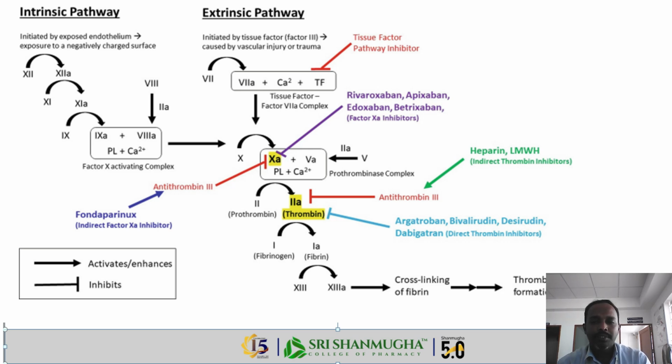These are the drugs which inhibit thrombin. Next we have the inhibition of 10A factors, the tissue factor pathway inhibitors, and the low molecular weight heparins. These drugs inhibit these steps to prevent the clot.